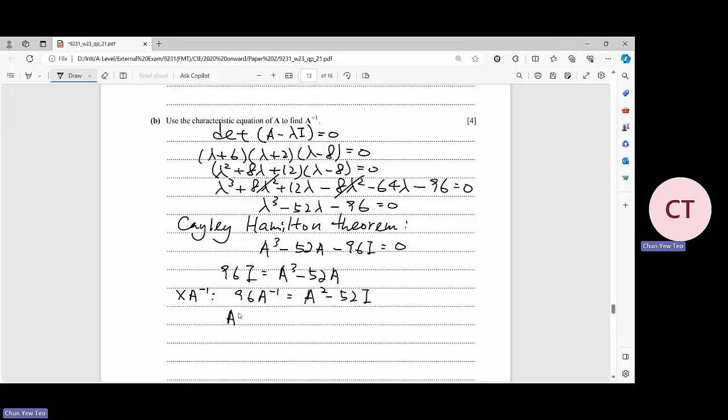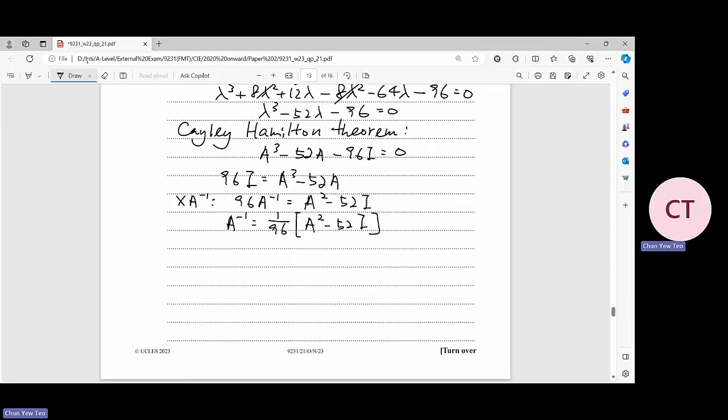So your A inverse will be equal to 1 over 96 of A squared minus 52I. Okay. So now we have the relationship already, but they want the matrix, so I need to show the A squared.